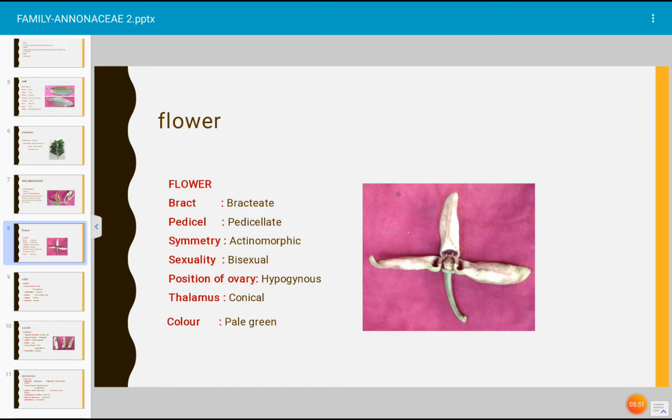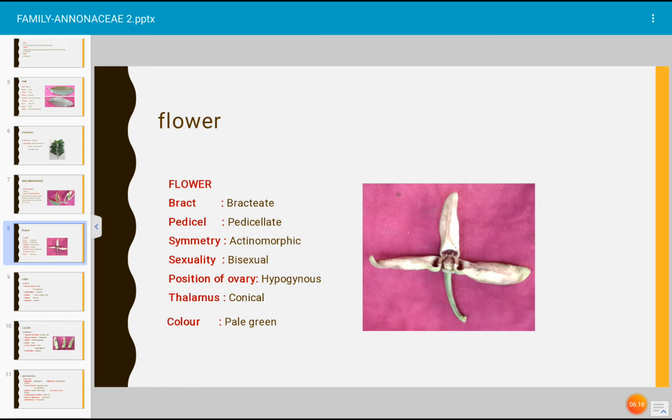At the basal region a small leafy bract-like structure is present, which is known as a bract, and if the bract is present at the base of the flower, such a flower is described as a bracteate flower. And the flower has a stalk-like structure which is known as the pedicel, and if the pedicel is present in the flower, in taxonomy it is described as a pedicellate flower.